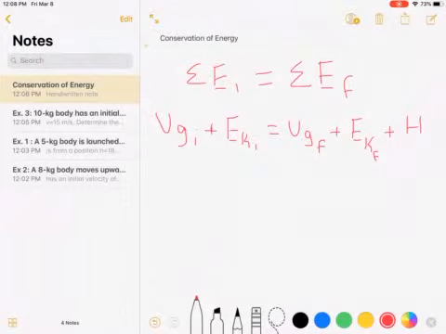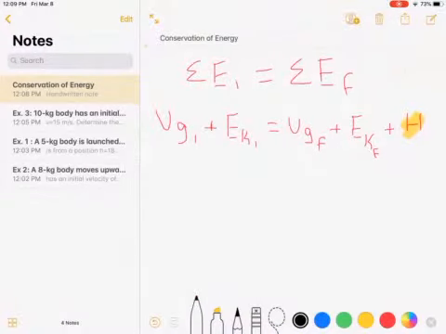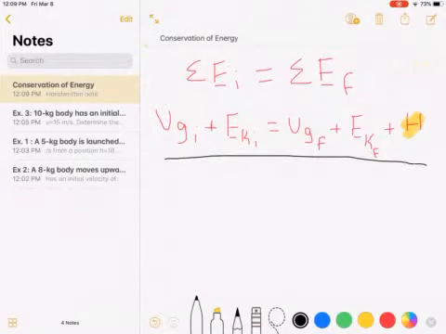And again, that H stands for heat, or thermal energy. So this equation here we call the law of conservation of energy.